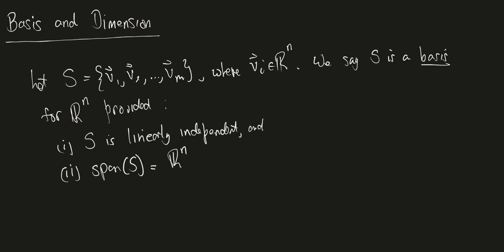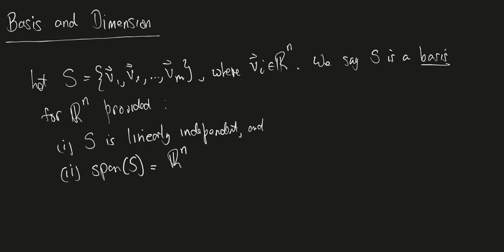Right? So if our set S of these vectors satisfies both of these properties, we say that our set is a basis for Rn.